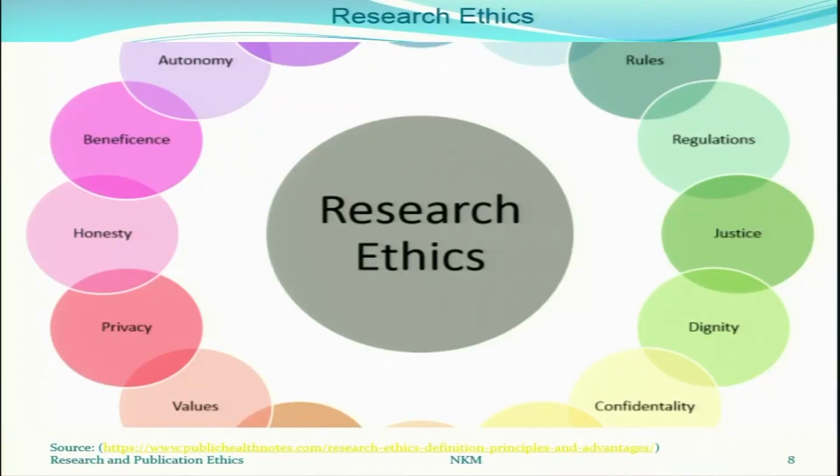Now let's try to understand what kind of research ethics we require in order to avoid ethical violations. So first of all, we need to have certain ethical values in our research ethics. And what kind of values are we talking about here? The very first value, we must start with informed consent.